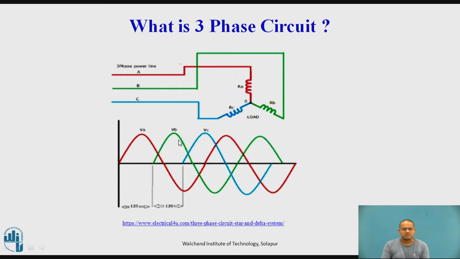It is given by this, and one more phase has a total phase shift from the first one of 120 plus 120, that is 240 degrees from the red phase. So there are three phases here.